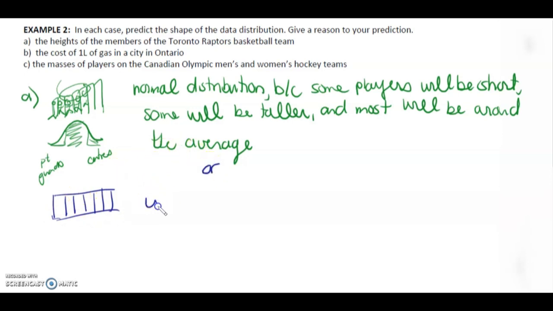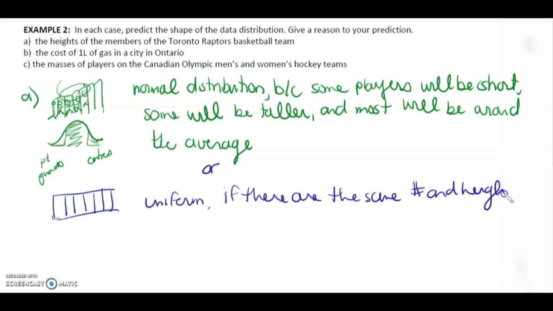Or this could be uniform if there are the same number and height, and obviously it's approximate, right? Height of each position, essentially. I know that there are less centers, so it's not going to be as heavily weighed, but you could potentially have more centers on a team, so that's an alternative answer, okay?